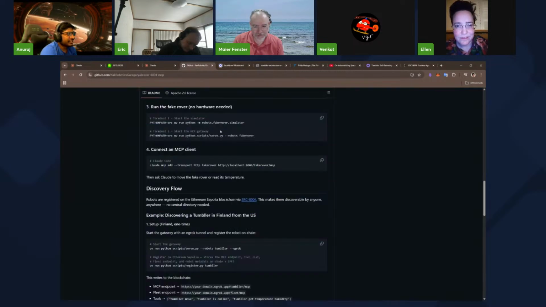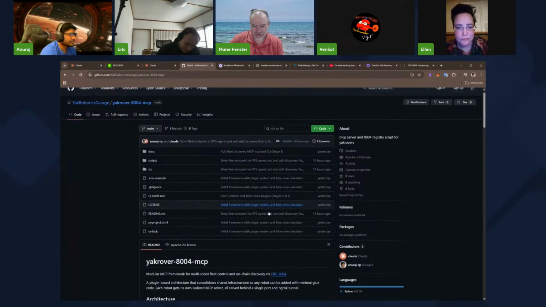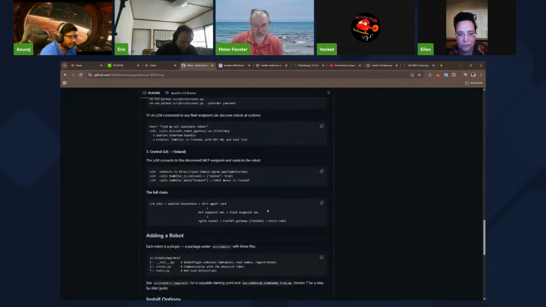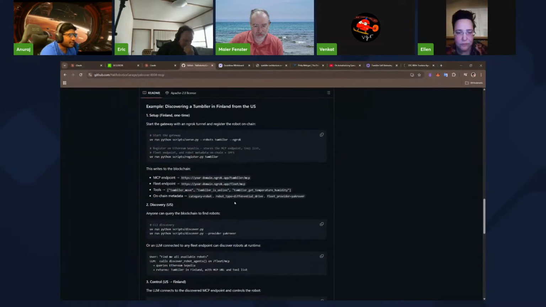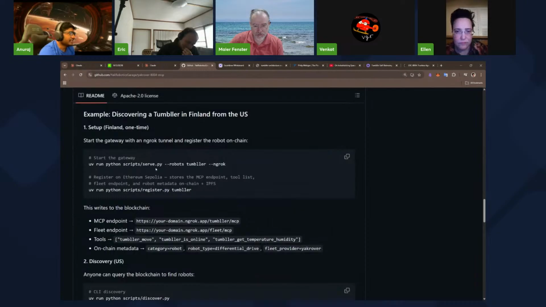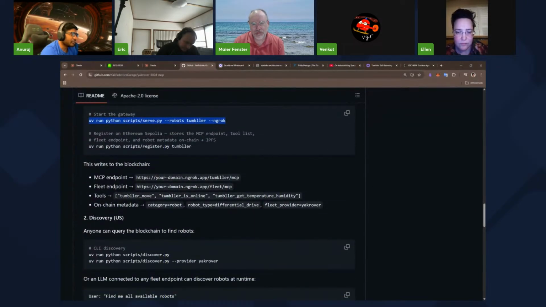And the code is there on this repo for MCP. If you go there, this is the flow, basically how you would use it with the LLM. Either you find the fleet the first time with the Python script, or you already know the domain of the fleet.